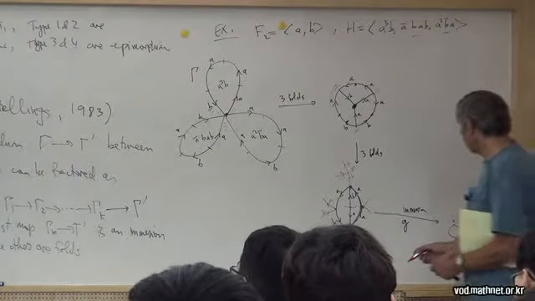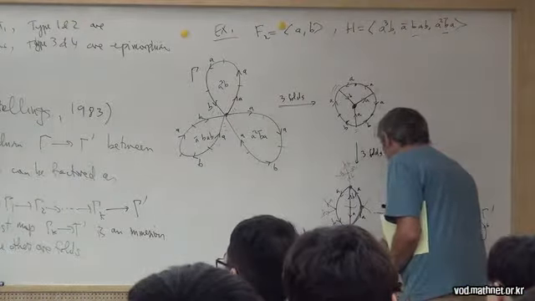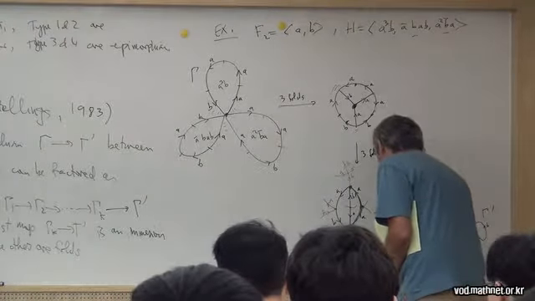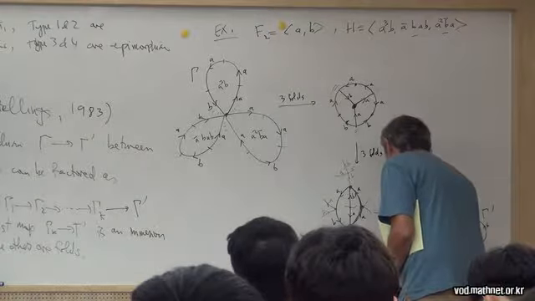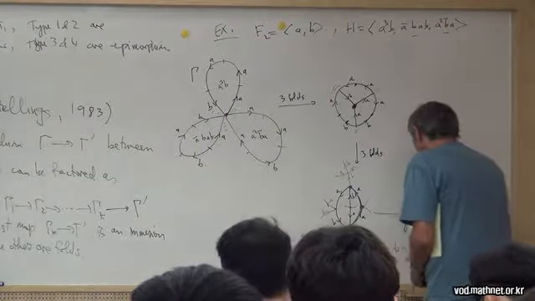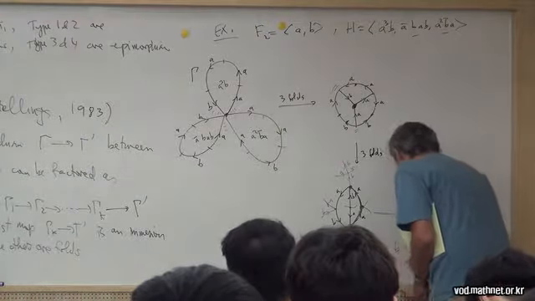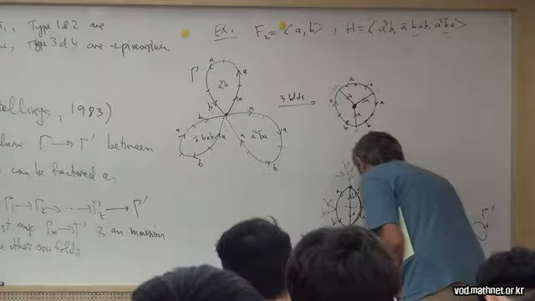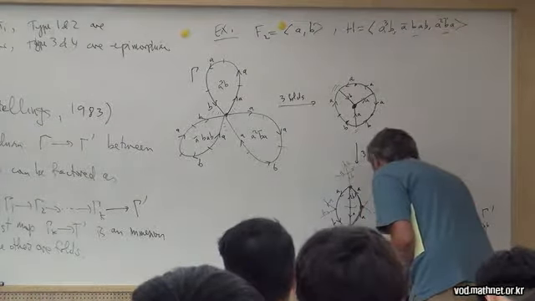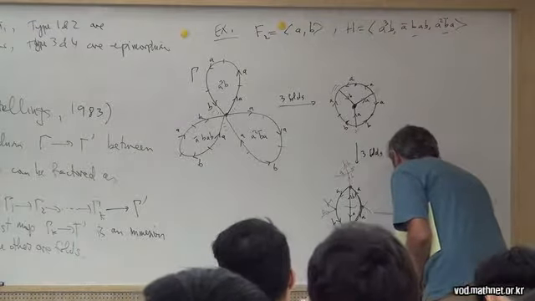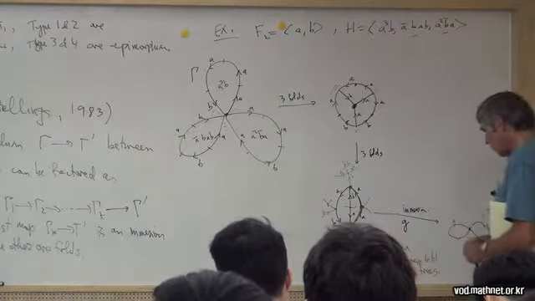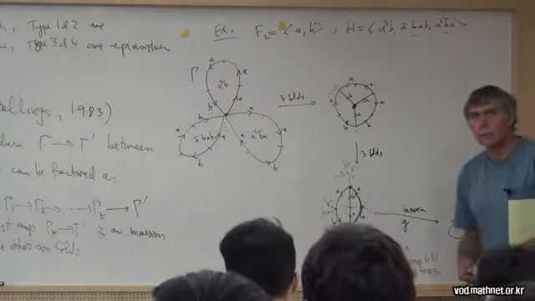So you can complete to a covering space corresponding to H by adding labeled trees. Okay, does everybody get that?